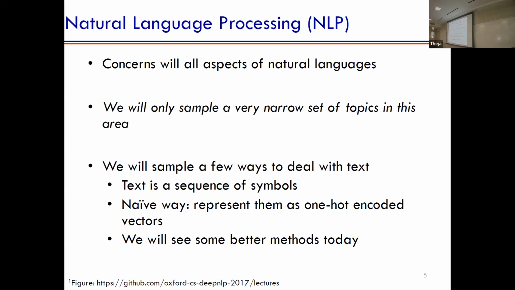Textual information is a sequence of symbols: symbol T followed by symbol E followed by symbol X. How do you work with this sequence of symbols? You can do many things, maybe not at the character level, but at the word level you can do some one-hot encoding. For us, these words could be just categorical values. So we have a huge collection of categorical values, and you can just one-hot encode them depending on your application.